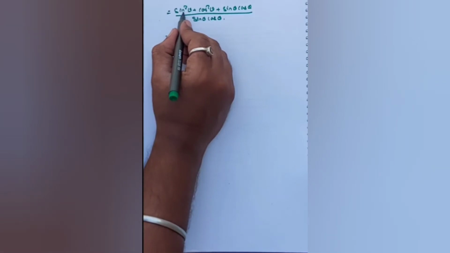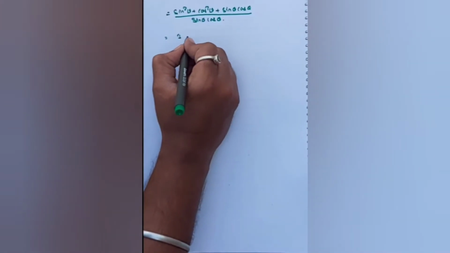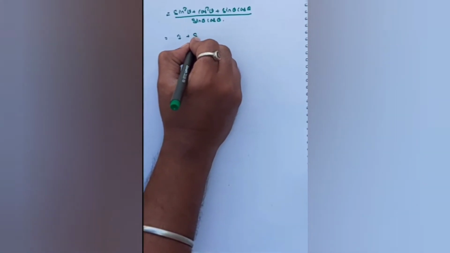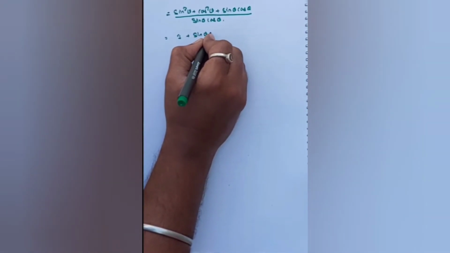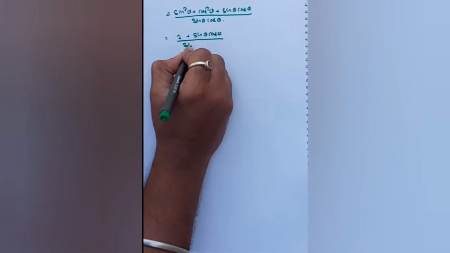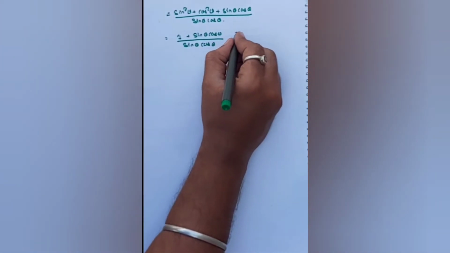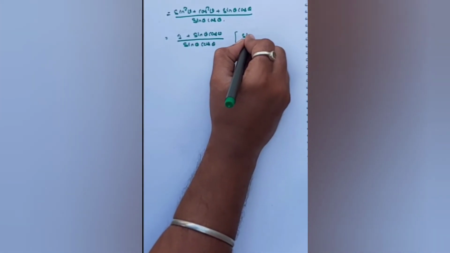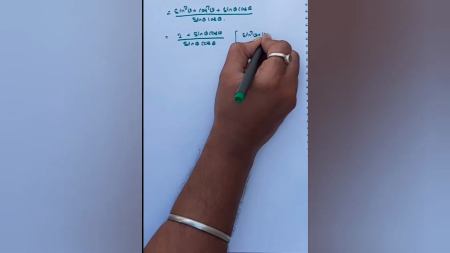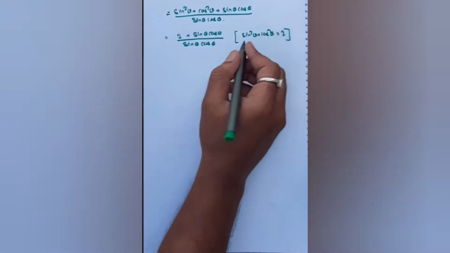So now sin square theta plus cos square theta is 1. Already we know that identity, and plus sin theta cos theta divided by sin theta cos theta. So write down here the reason: sin square theta plus cos square theta is equal to 1.